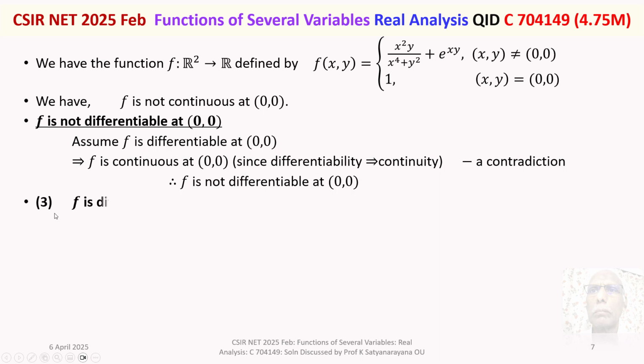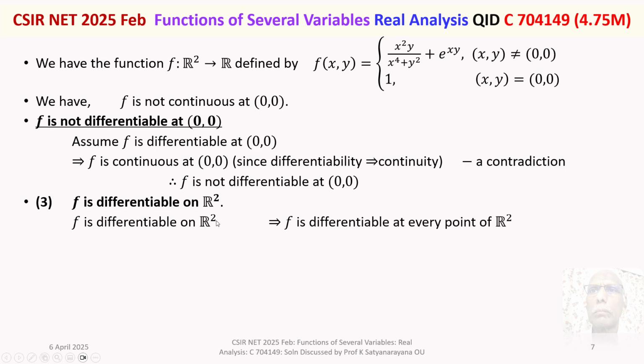Now, we consider option 3, f is differentiable on whole of R square. If f is differentiable on all of R square, means what? F is differentiable at every point of R square. But f is not differentiable at 0, 0, which is a point of R square.